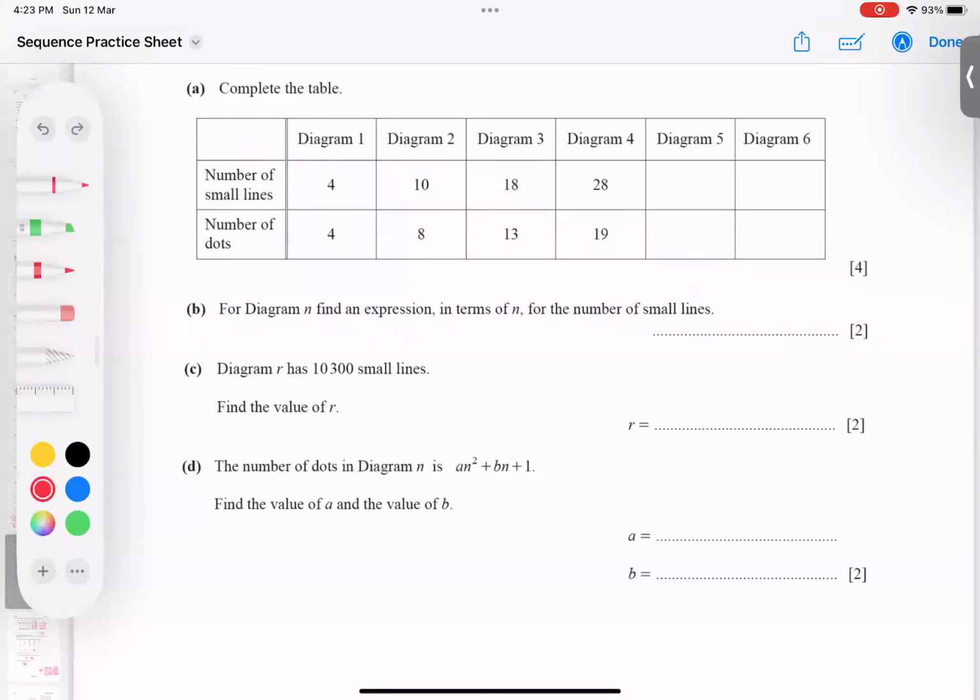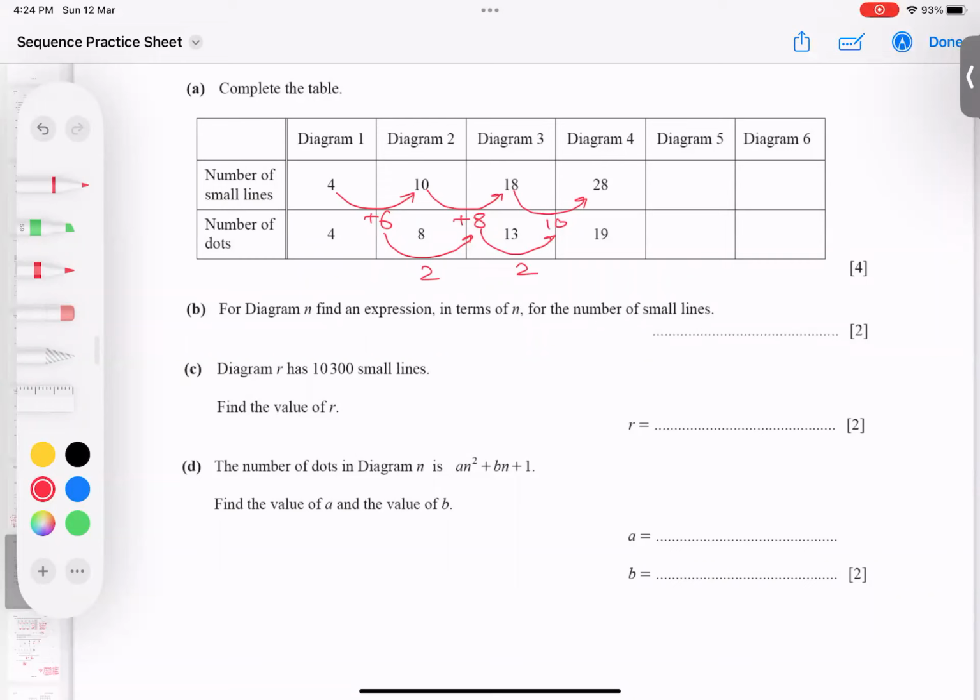Very clear plan. 4 plus 6 gives you 10. 10 plus 8 gives you 18. 18 plus 10 gives you 28. Now the differences: 2 plus 6 is 8, and 8 plus 2 is 10.